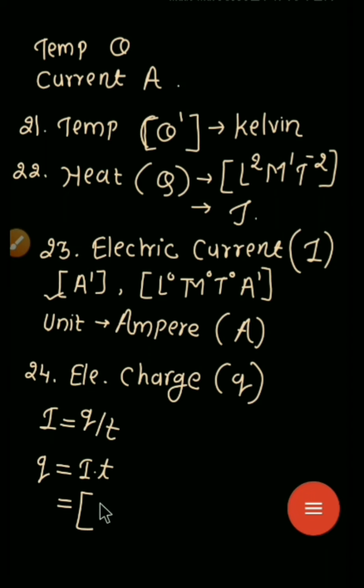A. So this is A1 and T1. It's the dimensional formula for the electric charge. And if you want to write down the unit, it comes from here. What is the unit of charge? It's coulombs, which is denoted by capital C. Or from this formula you can write ampere second.